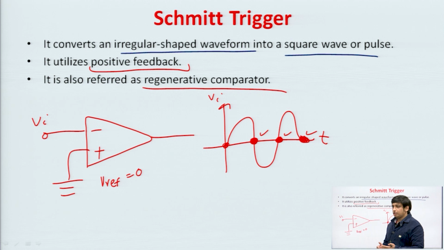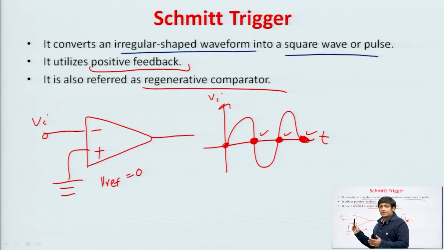Output will be either at plus Vsat or minus Vsat. It depends upon which voltage is greater at the input terminal. If the voltage at the inverting input terminal is more, then the output will be at minus Vsat, otherwise it will be at plus Vsat. So, whenever we use op amp in open loop configuration, the output is saturated.